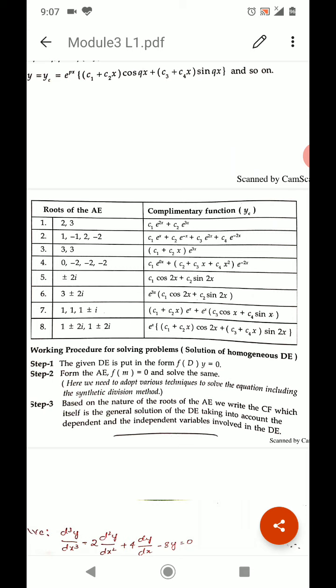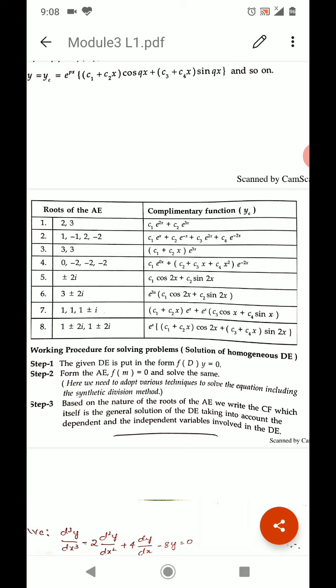In fourth example, we have 0, that is real and distinct, and minus 2 repeated, which are real and coincident roots. So here we have two cases. First one is real and distinct, and second one is real and coincident.